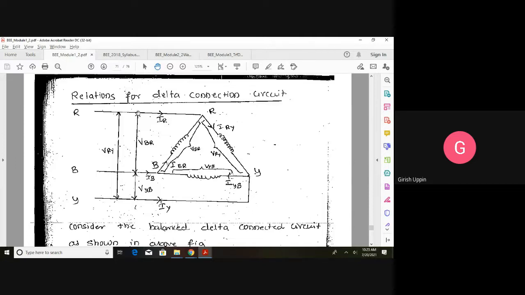Suppose you want to consider BR, this is the terminal B and this is the terminal R. So this is the line voltage, which is exactly the same as the phase voltage. So in case of a delta connection, line voltage is equal to phase voltage. But how about the current? If you see here, line current IR, when it comes to the node R, it has two parts. So it will go in that direction.